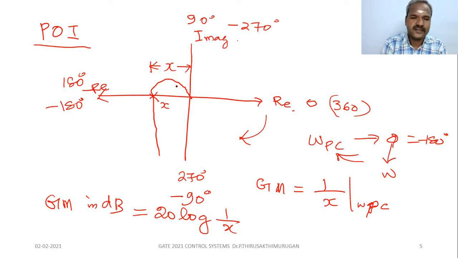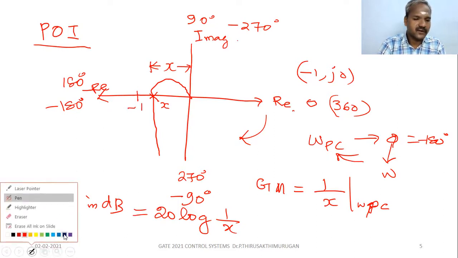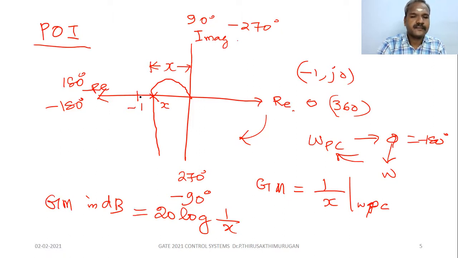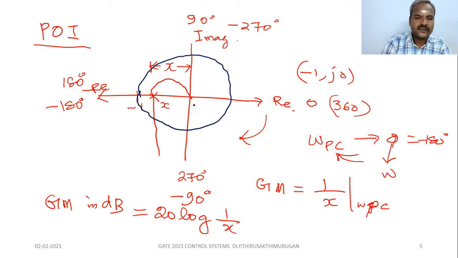So what is phase margin? What is phase margin from this plot? Actually, we have to draw a circle, centered at the real value -1 and imaginary value 0, with a radius of exactly unit 1. That is called the unity circle.